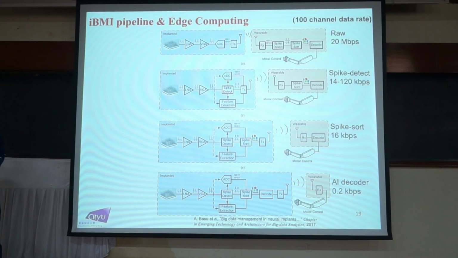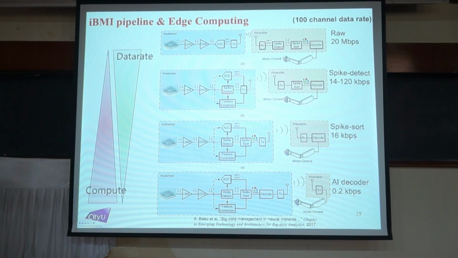Finally, if you can put the decoder over here, you get another 2 orders of magnitude down. Okay. So it seems that if you put more and more edge computing down here, you can really drive down the data rate, which makes the wireless power go down, and makes the wireless link more robust. Okay. You have lower bit error rates as well.